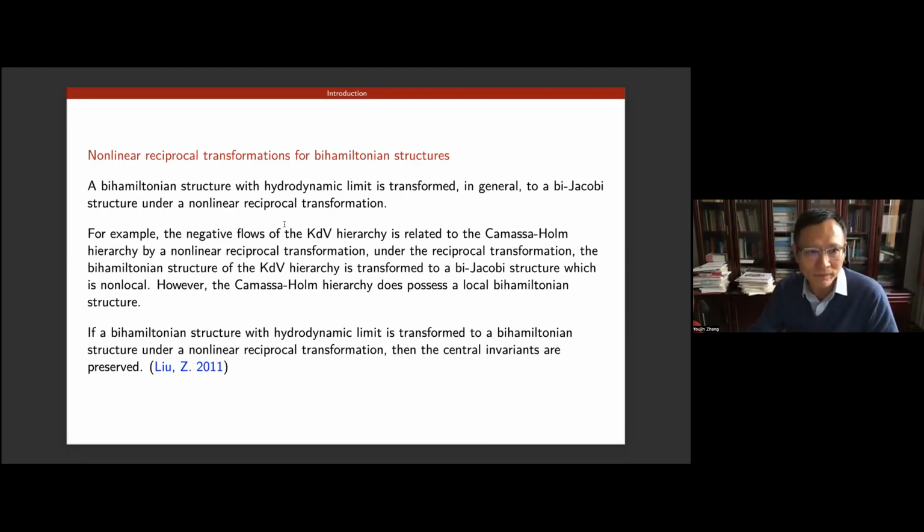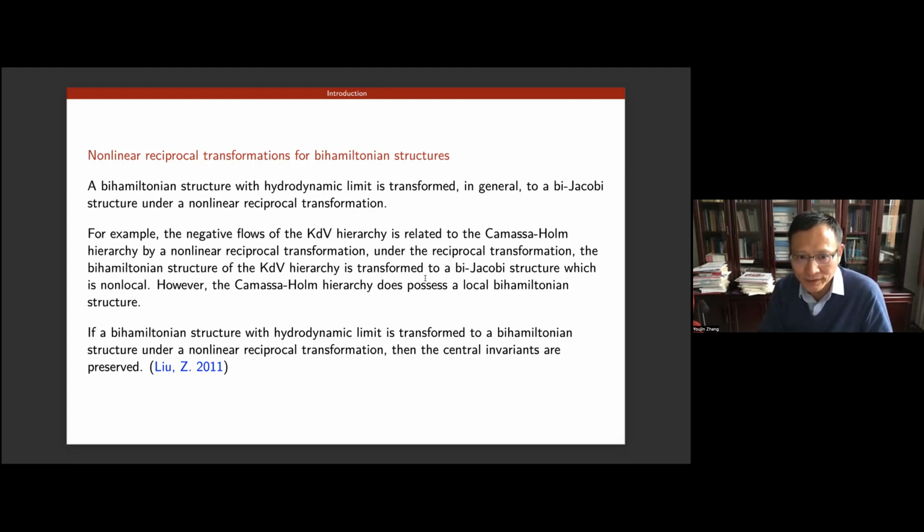So, for example, if we consider the KdV hierarchy, the negative flows of the KdV hierarchy are related to the Camassa-Holm hierarchy by a nonlinear reciprocal transformation. Under the reciprocal transformation, the bihamiltonian structure of the KdV hierarchy is transformed to a non-local bihamiltonian structure for the Camassa-Holm hierarchy.